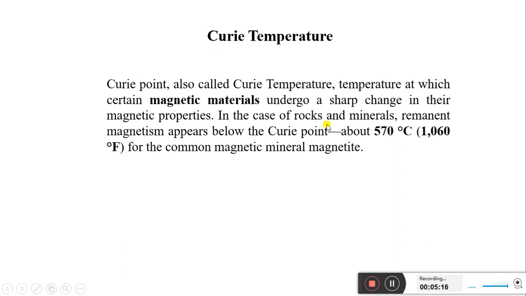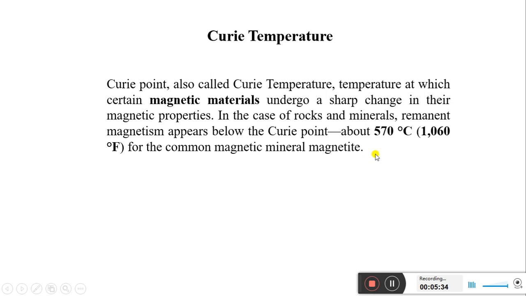In the case of rocks and minerals, the remnant magnetism appears below the Curie point, that is about 570 degrees centigrade or 1060 degrees Fahrenheit for the common magnetic mineral magnetite.